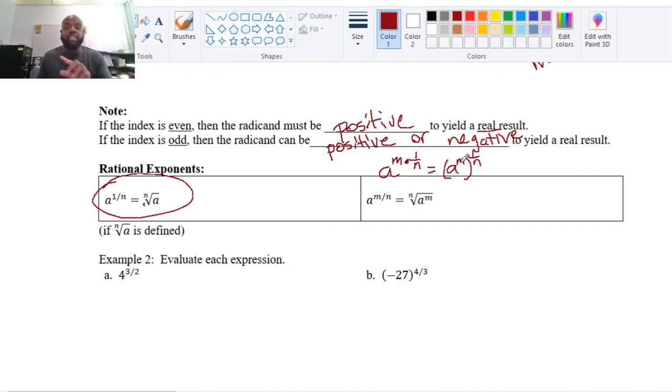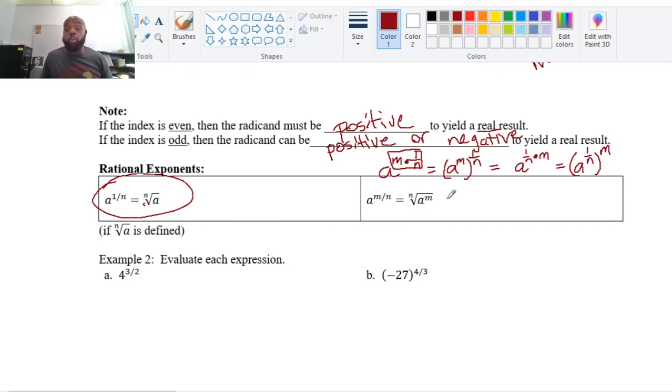Notice here, multiplication is commutative, which means the order in which we multiply does not matter. And so instead of writing it this way, I could say a to the 1 over n times m. And if I undo the power of a power rule, then I get this radical right here.